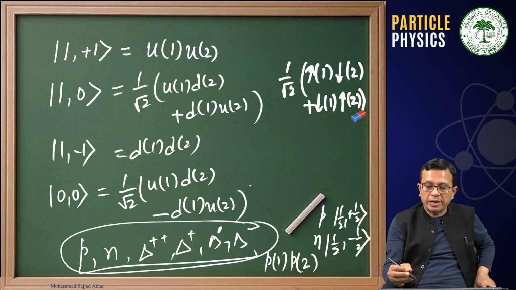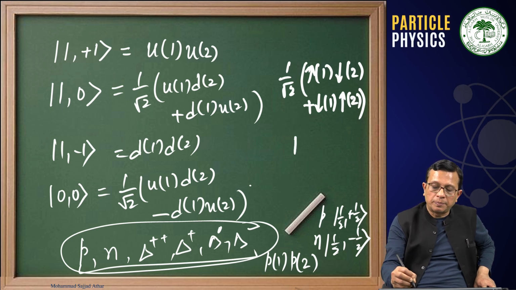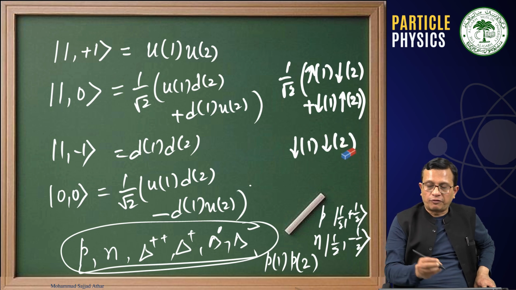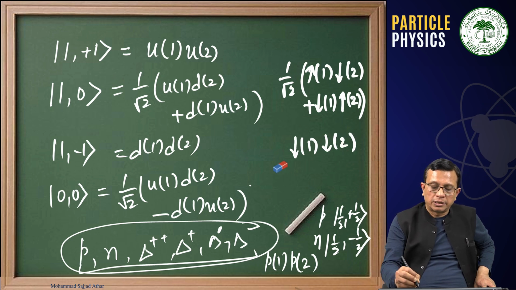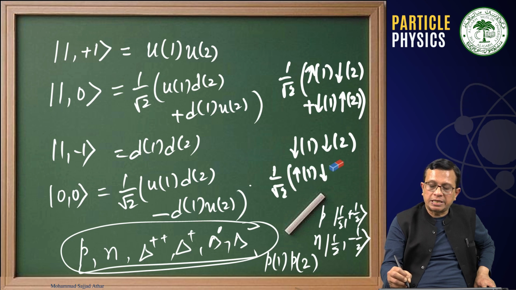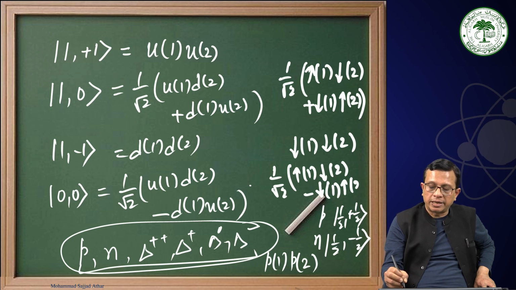Similarly, for 1 minus 1, both the particles are in the spin down states. For 0 0, this would be particle in state 1 in spin up state, in state 2 in spin down state, minus spin down and then spin up.